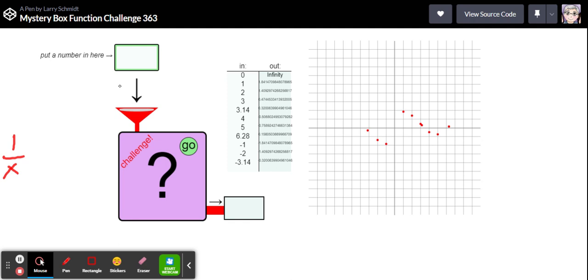Let's look a little bit closer to 0, and see if that's acting like an asymptote. Right. See on the negative side too. This is a strange one.